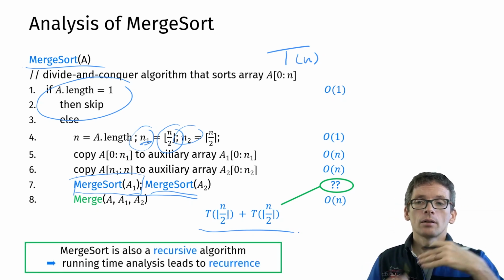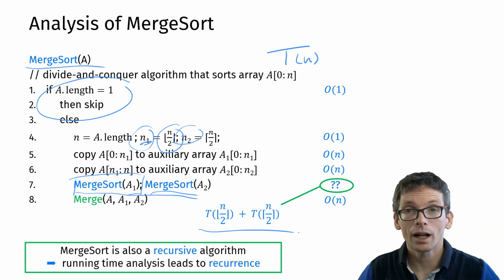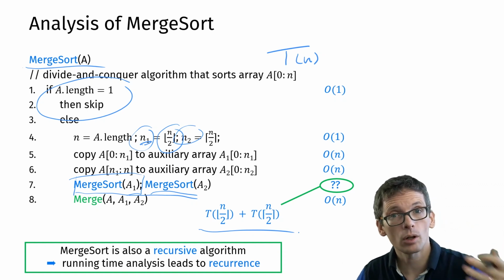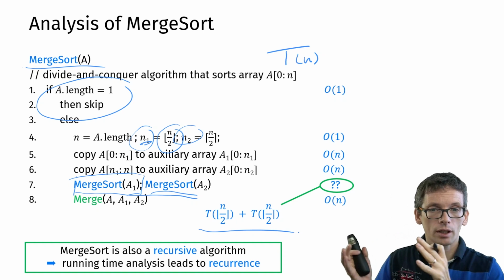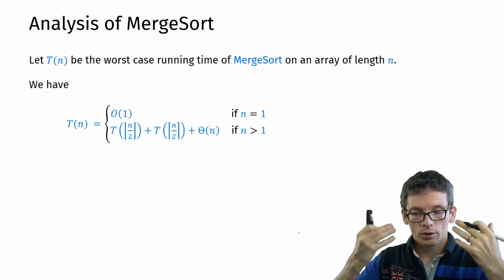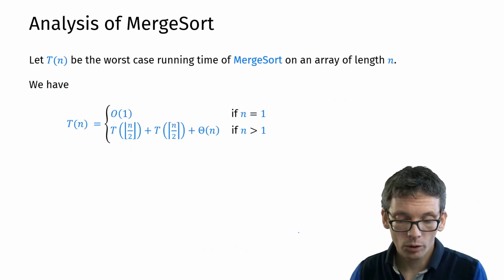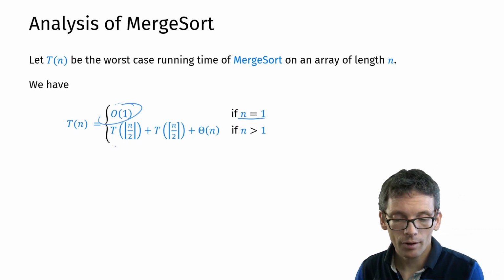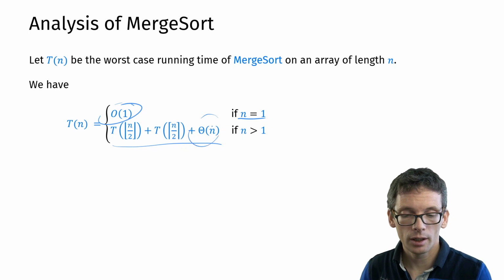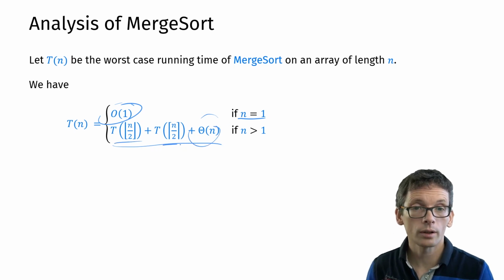So again, MergeSort is a recursive algorithm. We get a recurrence, and we will need to solve this recurrence. Let me look at this just as we did for binary search once more. This will be the recurrence for MergeSort. It takes constant time if there's only one element left. Otherwise, we get this expression, linear plus the two recursive calls.